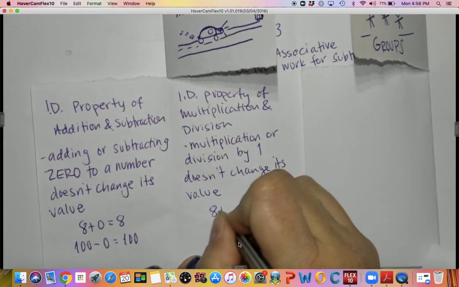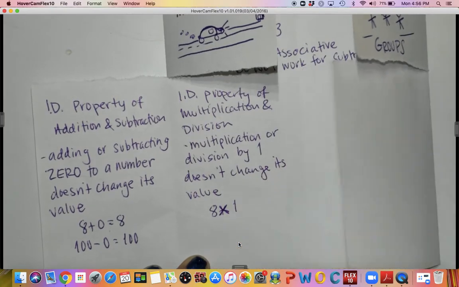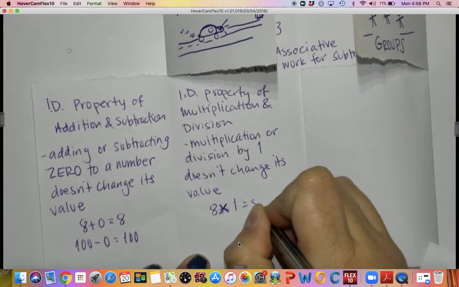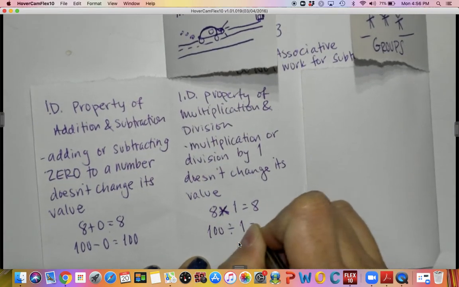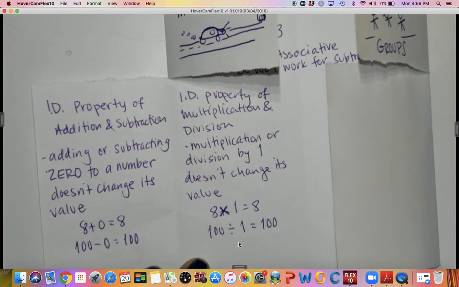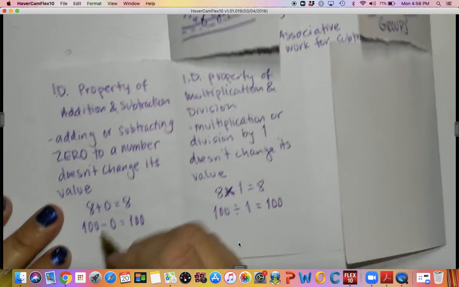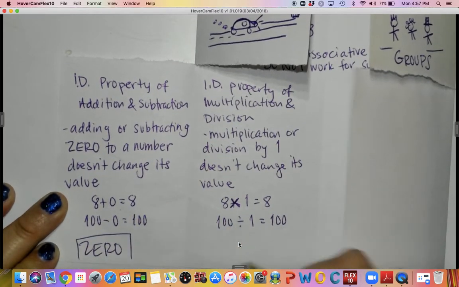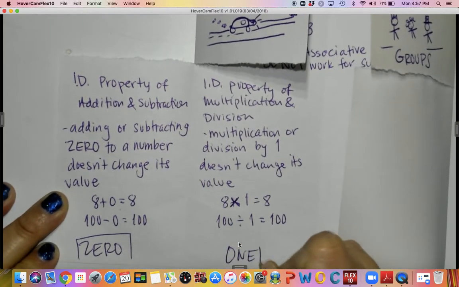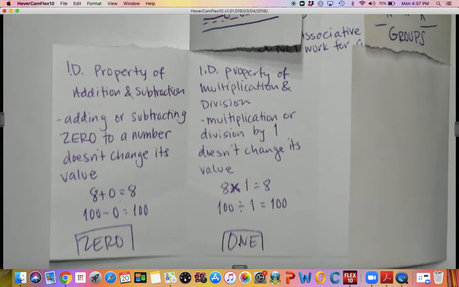So 8 times 1 is still 8. 100 divided by 1 is still 100. So I'm going to write a big 0 over here and a big 1 over here, and that's the identity properties.